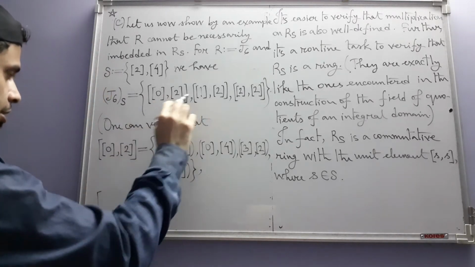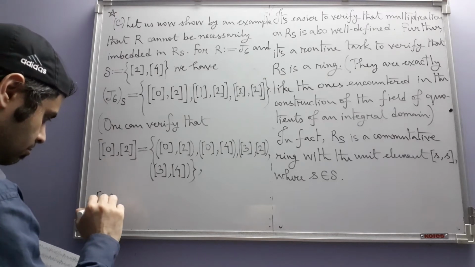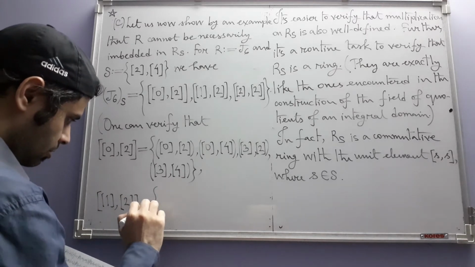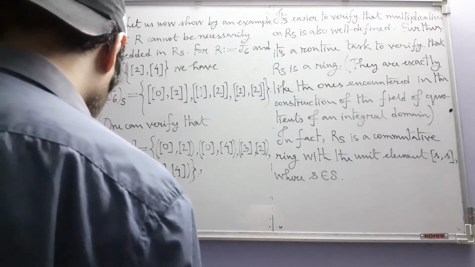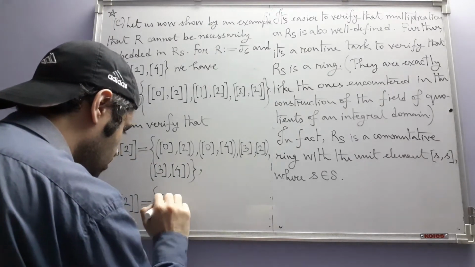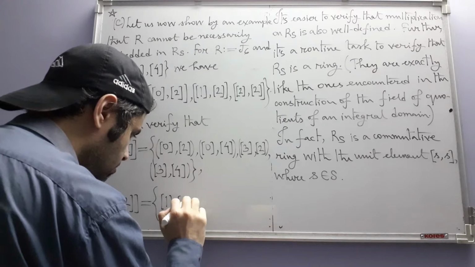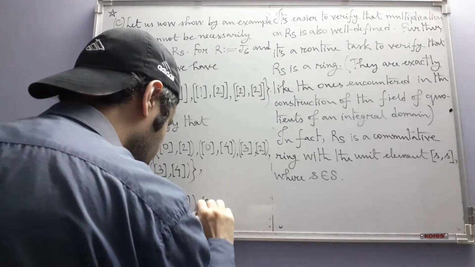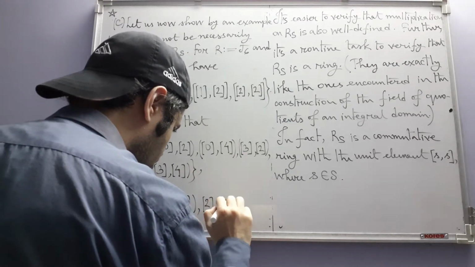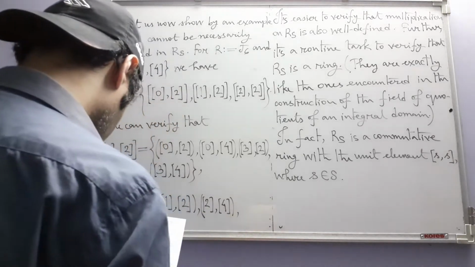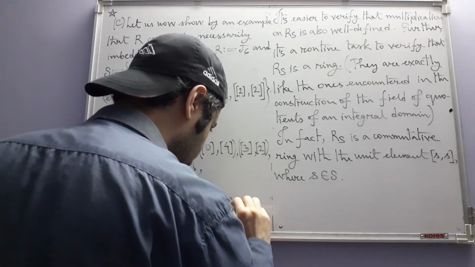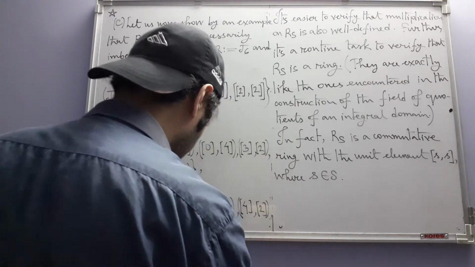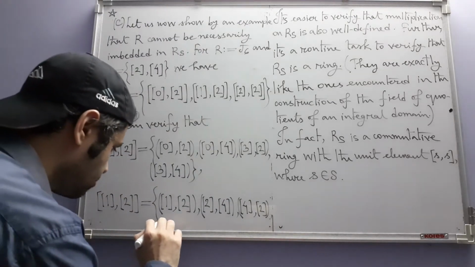Like that, this one also has 4 ordered pairs: 1 comma 2, then 2 comma 4, then 4 comma 2, and 5 comma 4.